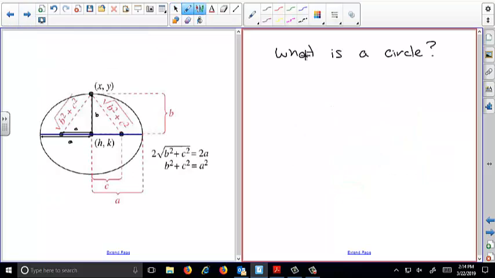So what is a circle? Well, let's say a circle is where both foci are coincident.